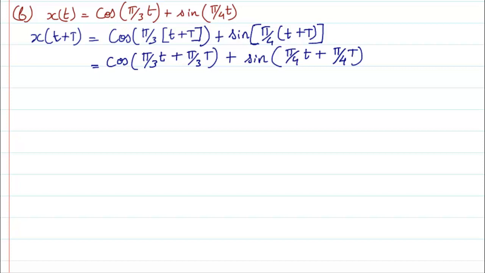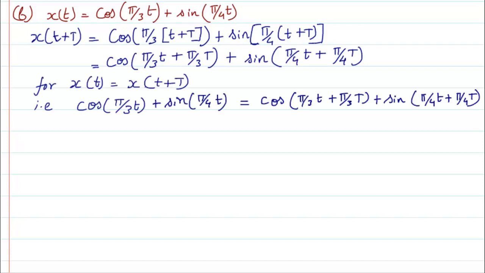Now according to this problem we have got two conditions. The cos waveform also has to be periodic, the sine wave also has to be periodic. So based on that, x of t should be equal to x of t plus T, that is, cos of pi by 3 t plus sine of pi by 4 t should be equal to the second part.